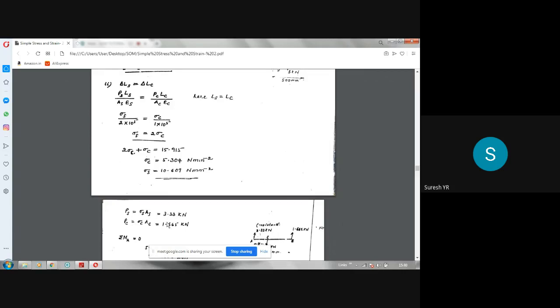So P is equal to PS plus PC. P is 5 kilonewton, PS is 3.33, PC is 1.665. Actually this will be 3.335 if you take the exact value. They are the forces in the two bars, copper and steel.